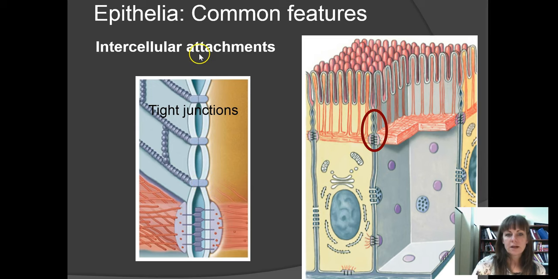So it would be impossible, or almost impossible, for a molecule to try and wiggle in between these plasma membranes. And that's what helps this type of tissue with tight junctions be a really good barrier. Nothing's getting in between the cells to the underlying connective tissue.